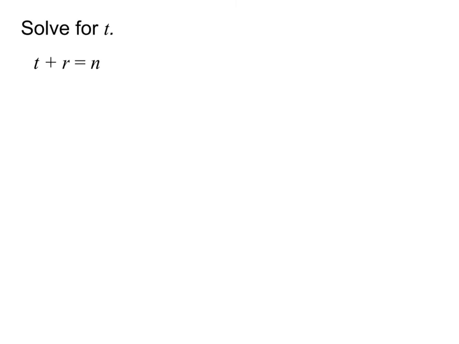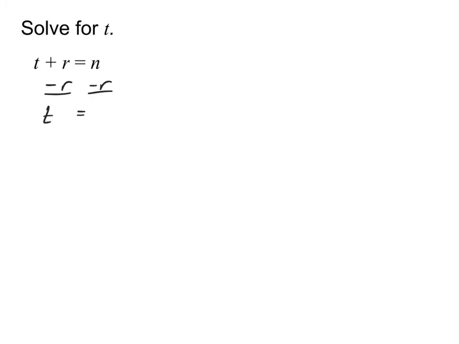And you'll notice that right now, the part that's in the way of t being by itself is this plus r. So that means I have to get rid of the plus r. And just like if there was a number in there, I can get rid of the plus r by subtracting it from both sides. So I'm going to subtract r from both sides of the equal sign, which then on the left-hand side leaves me with t, and r minus r is 0.